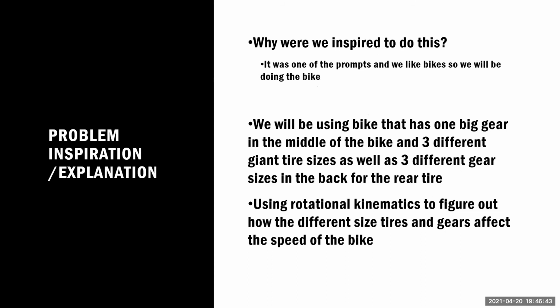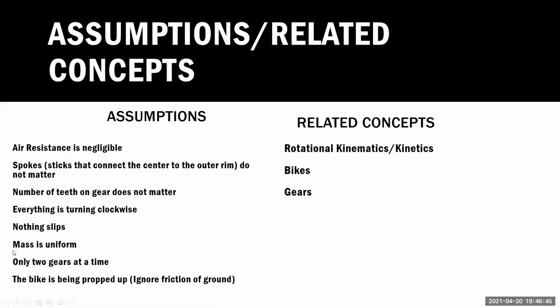All right, next slide. So we have a few assumptions and related concepts here. As with every physics problem, we'd love to ignore air resistance. And the spokes on the gear, we're just going to ignore and pretend that it's completely frictionless, or the opposite of that. So the number of teeth in the gear just do not matter.